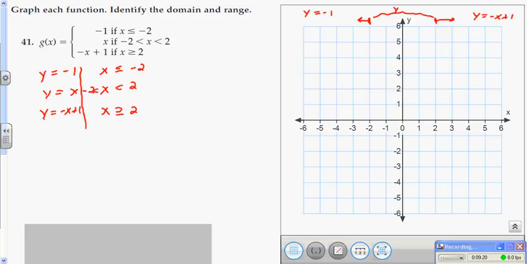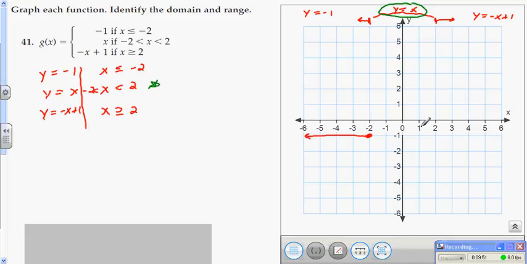All right, now the graph of y equals -1, well, that's a horizontal line, so I go at -1, it is less than or equal to -2, so it's a solid dot and left. In between, it's y equals x. So let's use this color for this one, right here.